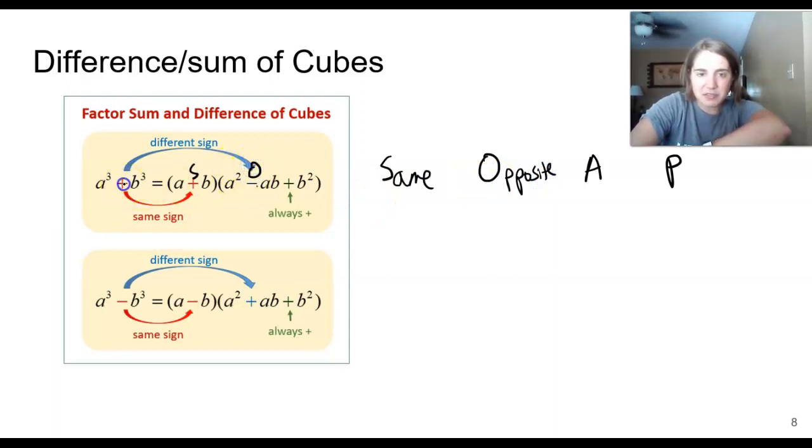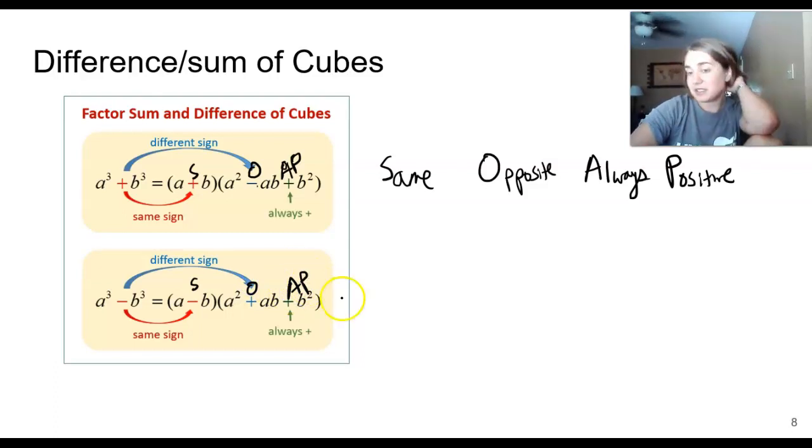This is the opposite of the original sign. Always positive. And this one's always positive. So we have same, opposite, always positive. So we're going to start applying these in the next slides.